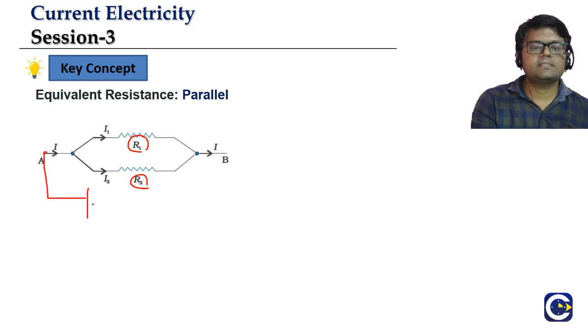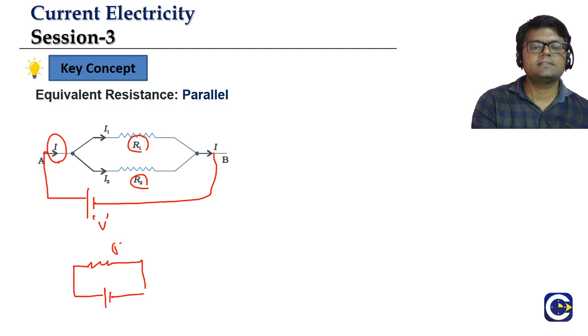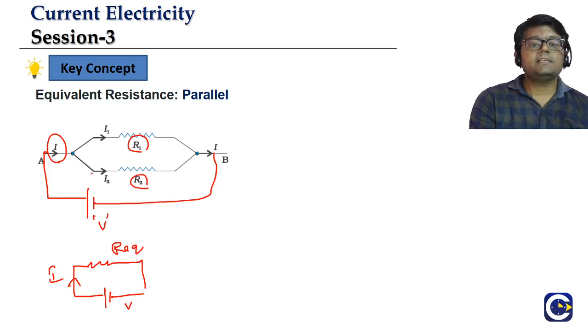We connect it across a cell, and the current I is drawn from the cell of voltage V. The equivalent resistor will be just one single resistance which is going to draw the same current from the battery. So the potential drop across resistor 1 will be the same as the potential drop across resistor 2, which is equal to what?